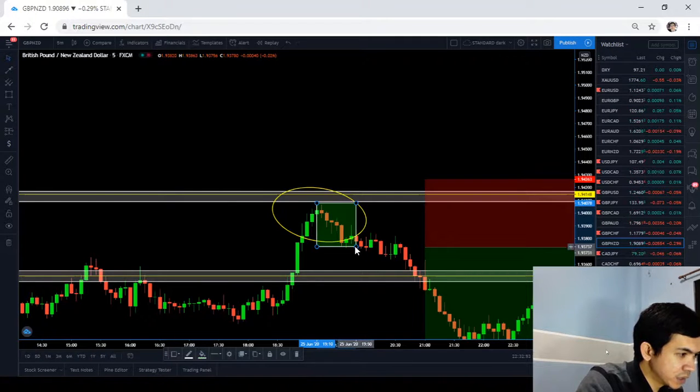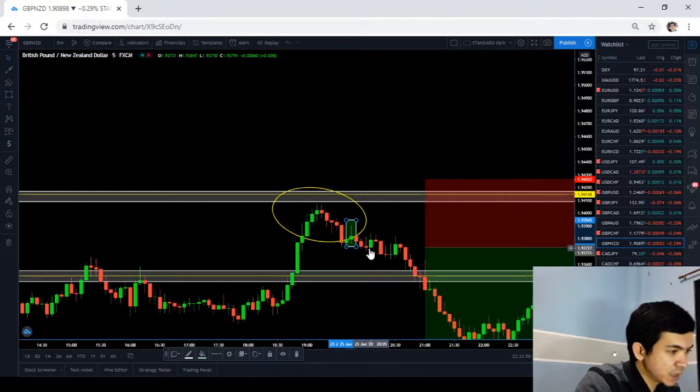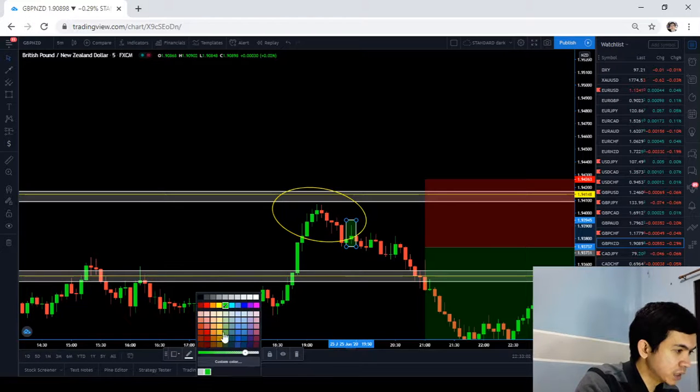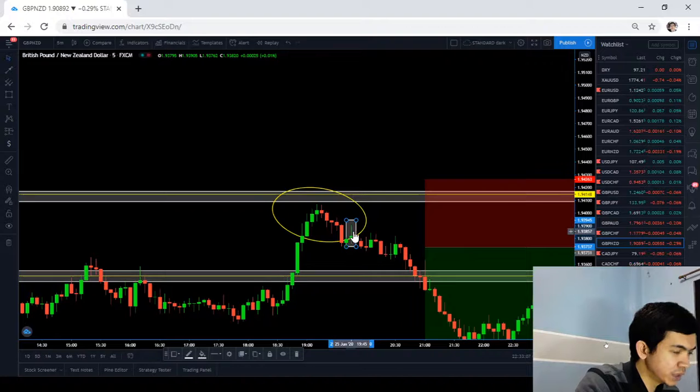This is, aside from this engulfing, we can refer to this one as what? A confirmation candle showing there's a selling pressure already, and the bears are taking over the market. Okay? I can look for an opportunity after this candle for a sell. Diba? Since the price reacted on a key resistance level.